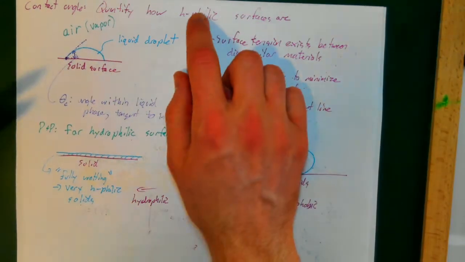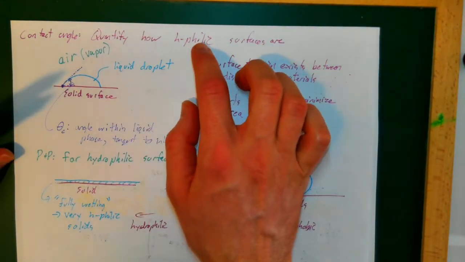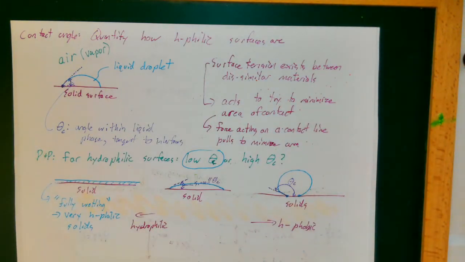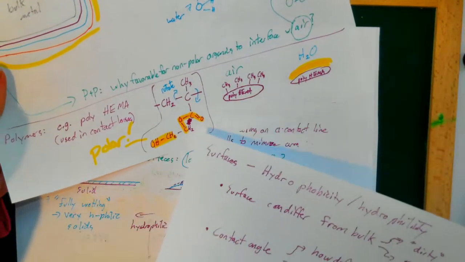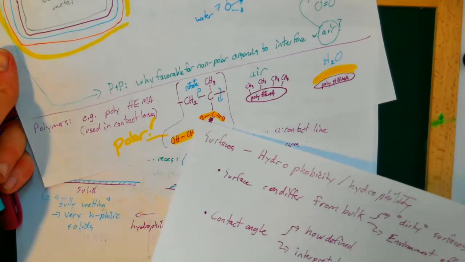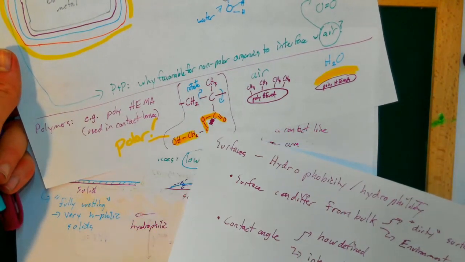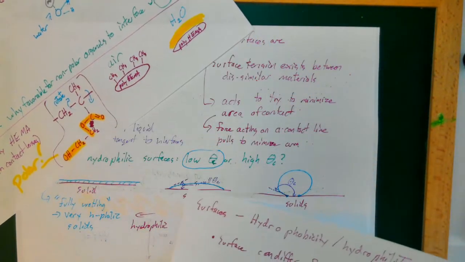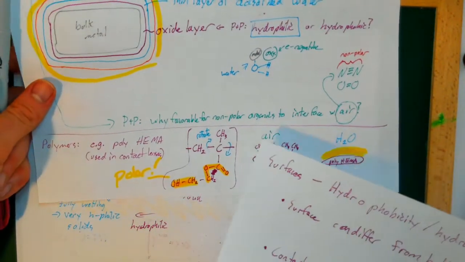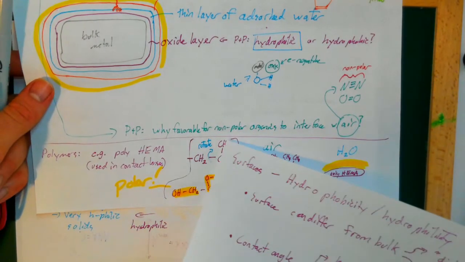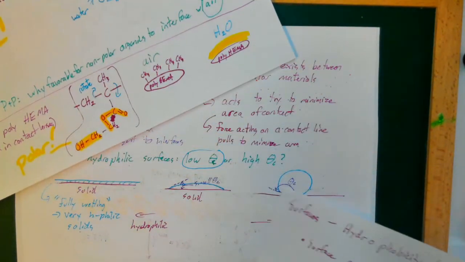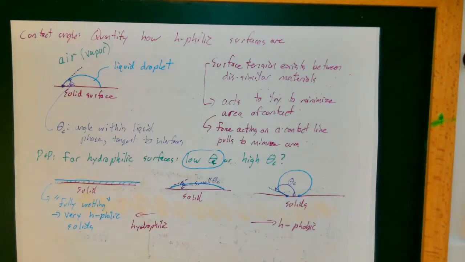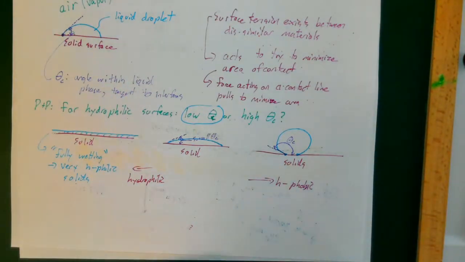And oftentimes, if you look at the molecular structure of these polymers, you can see that ones that have lots of carbon oxygen or carbon nitrogen bonds tend to have small contact angles. Other polymers that are mostly carbon hydrogen bonds tend to have really high contact angles. And trust me, it's clear as day.